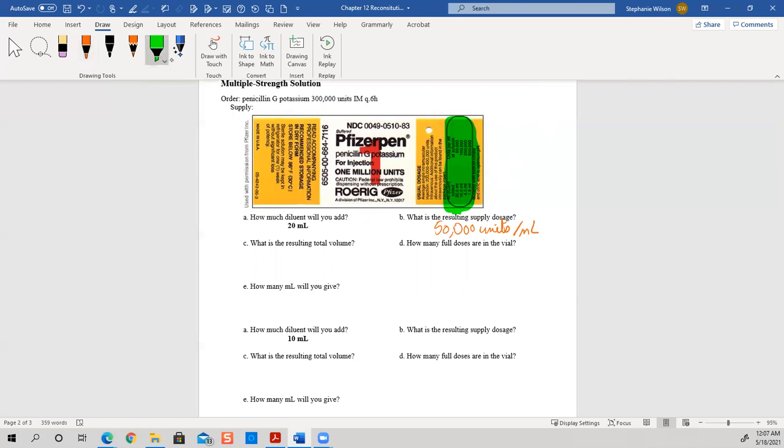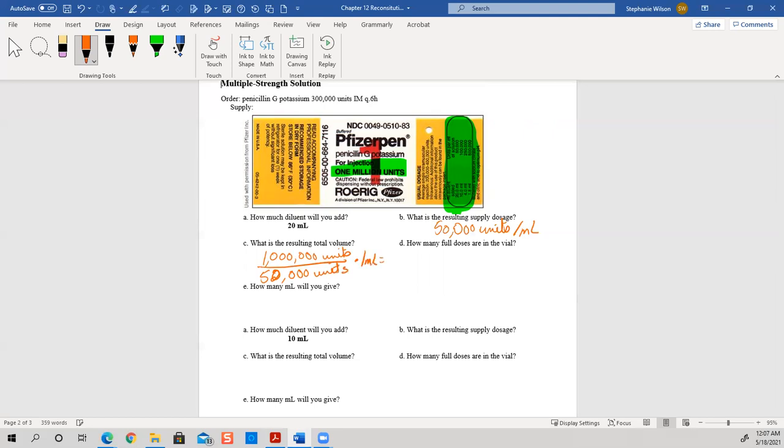Okay, so now we want to know the resulting total volume. Well, what is the total volume in this? Right here it says 1 million units. Very good. So I'm going to take the 1 million units, right? And we're going to divide that by our resulting supply. And then multiply it by the volume of it.